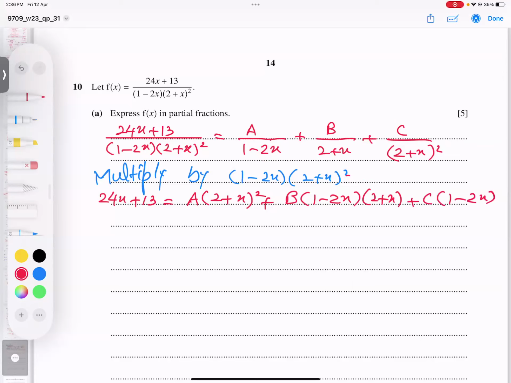Let's see. First of all, students, I have this linear factor, and I will put it equal to 0. So I bring 2x to the other side, and x becomes half. So I will put x equals half in the whole equation, and this makes the question easier. When I plug in half here, I get 12, and 12 plus 13 is 25.